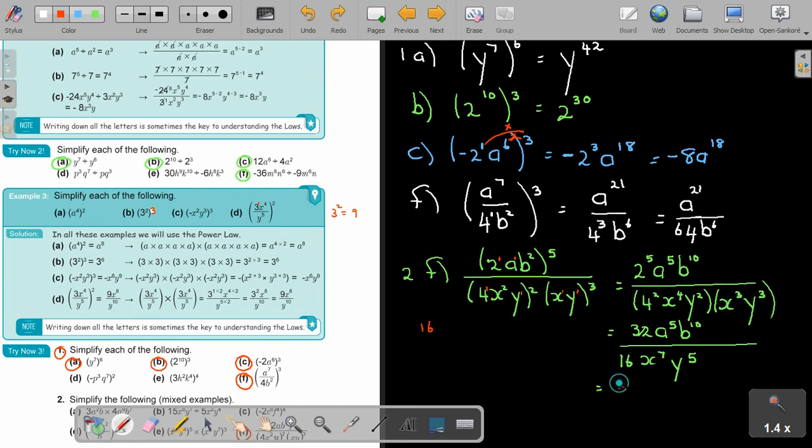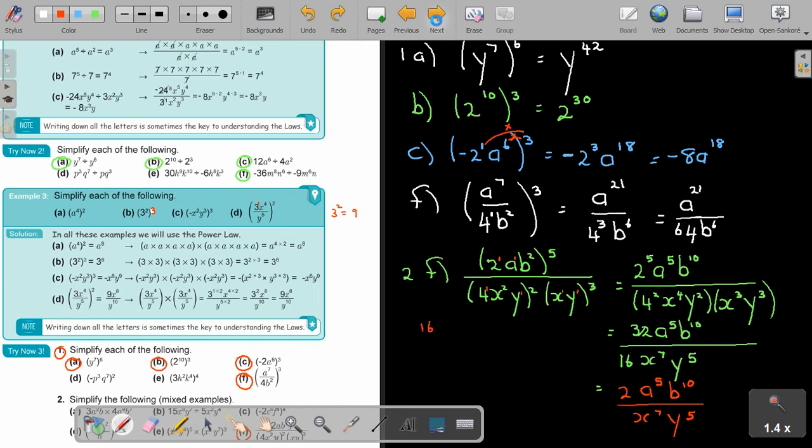So then this is going to be 2, then a to the power of 5, because it cannot cancel out, b to the power of 10 over x to the power of 7, y to the power of 5. And that's how I do that one.